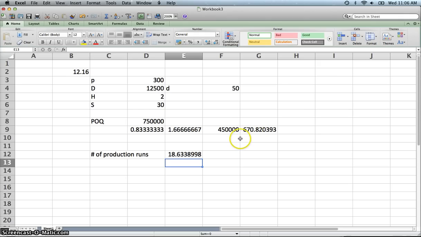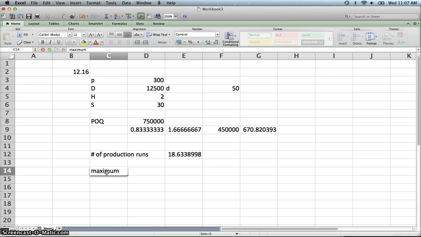Now here's the interesting thing, what we call the maximum inventory level. It is not going to be 670, because as I told you, some of that's going to be used. So maximum inventory is basically the Q, the production order quantity, times that 1 minus.